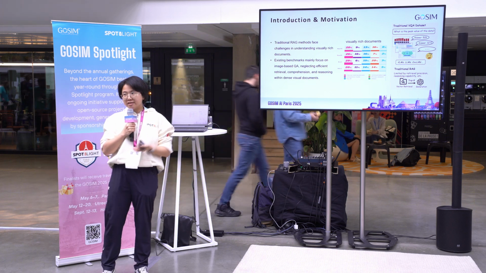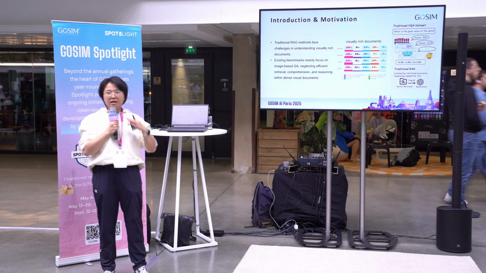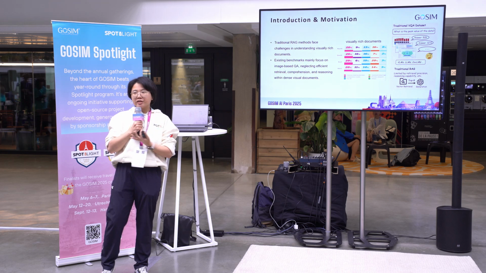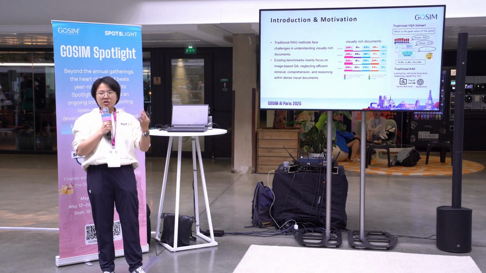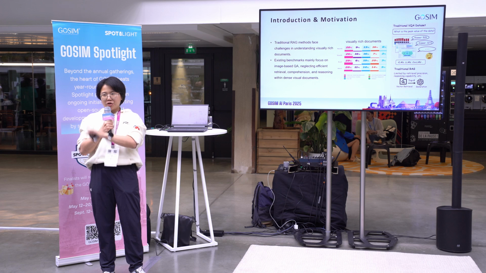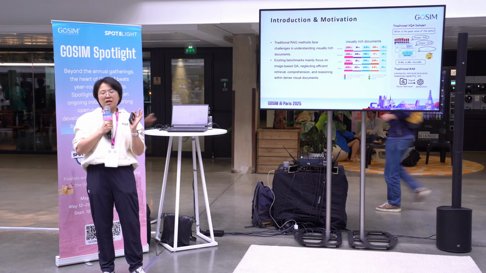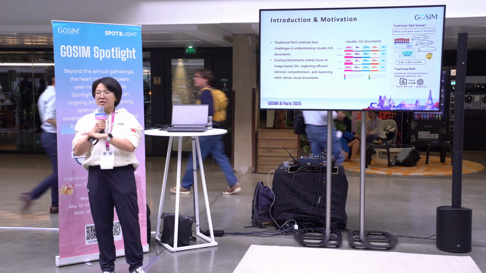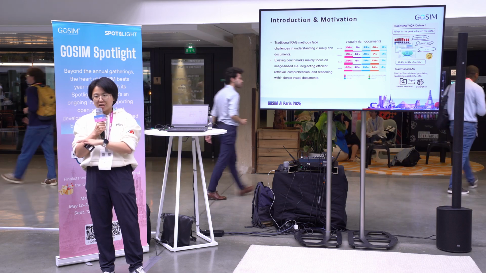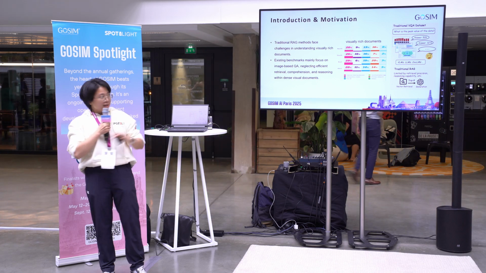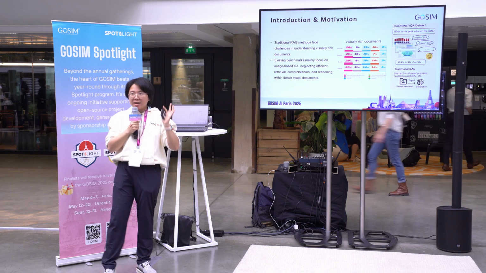In OpenAI's best practice, it uses the top 10 chunks and adds these chunks into the prompt to improve the final performance of the large language models. Okay, that's the traditional RAG methods.